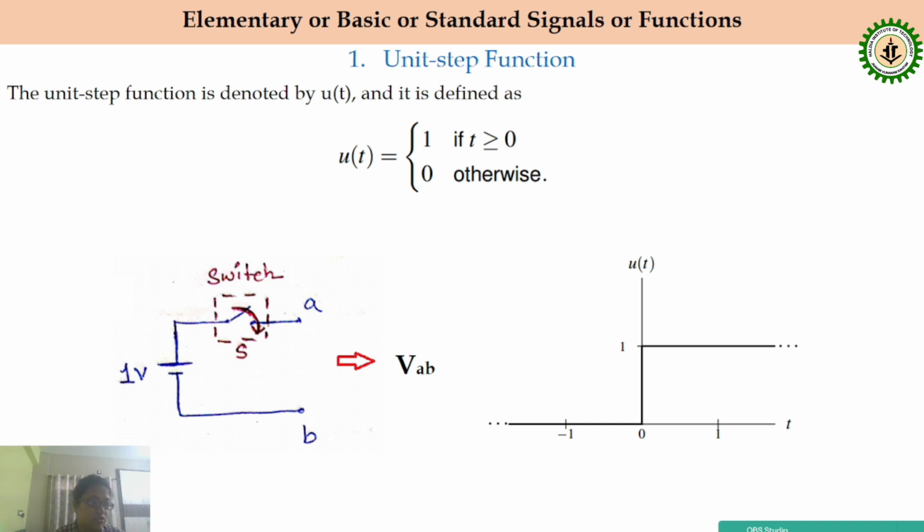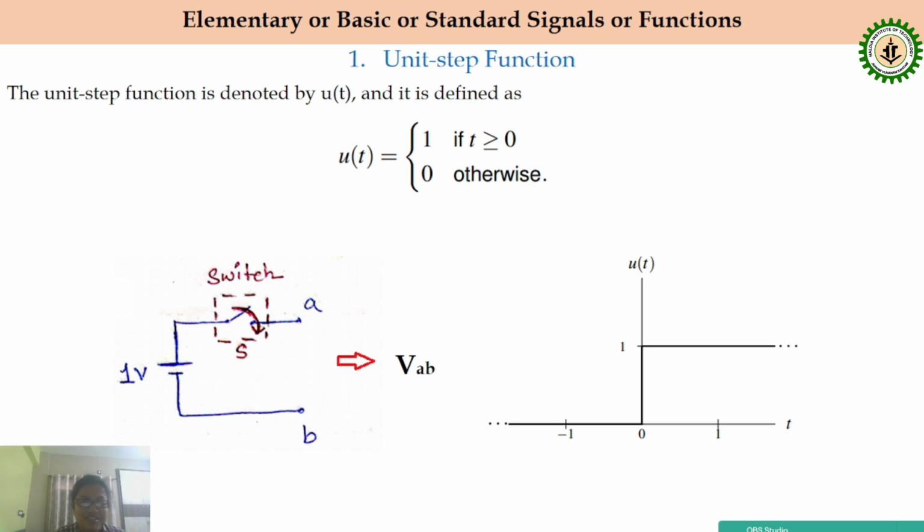Some of the names you have already heard and studied, like sinusoidal signal and ramp signal. You know how to represent them, you know their equations and expressions. Now come to the first one.